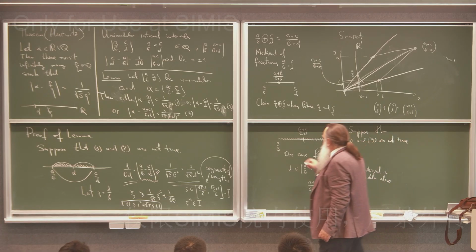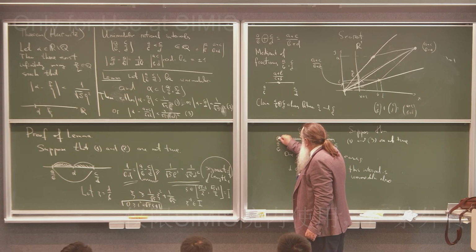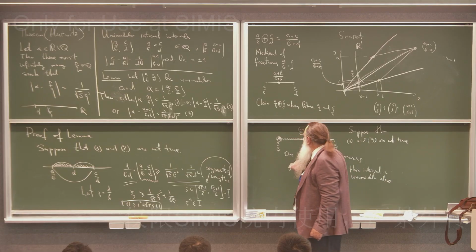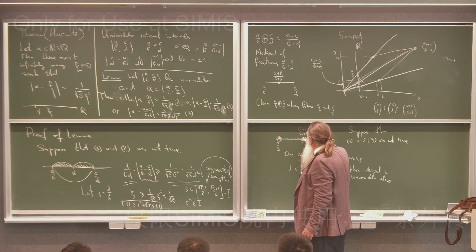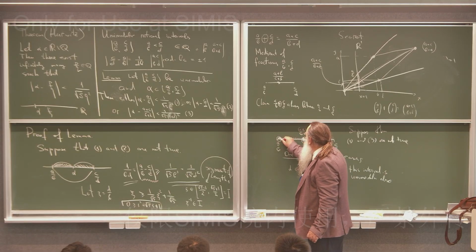Because 1 deals with approximation by this point, and 3 deals with approximation by this point, and in our case, alpha belongs to this interval.